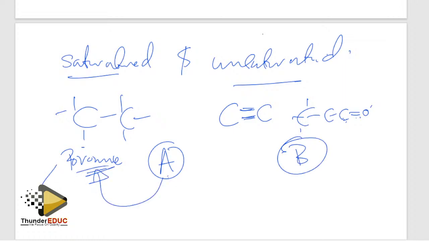Don't forget that bromine water is red. So compound A decolorizes bromine water, while compound B cannot decolorize bromine water. Then they ask you which one is a saturated compound and which one is an unsaturated compound. This one decolorizes, meaning it changes the color from red to colorless, while this one doesn't do so.